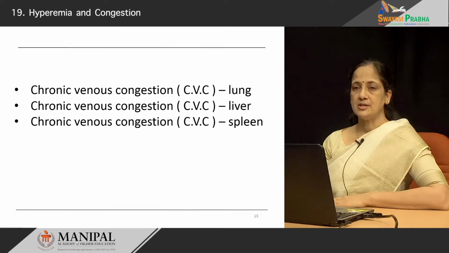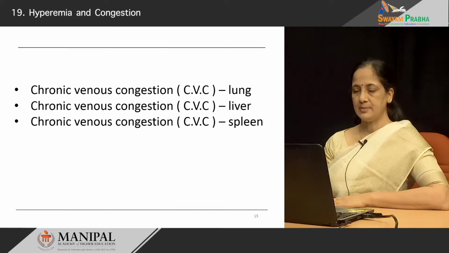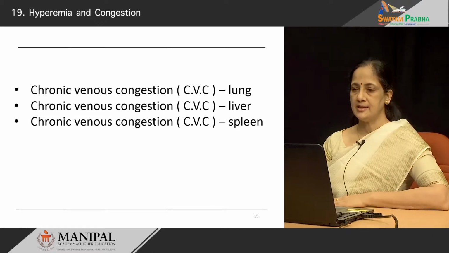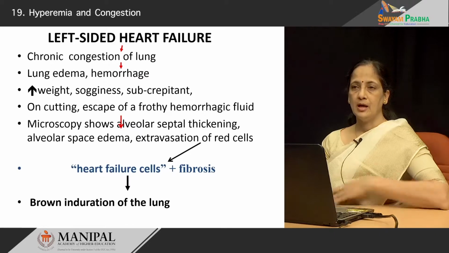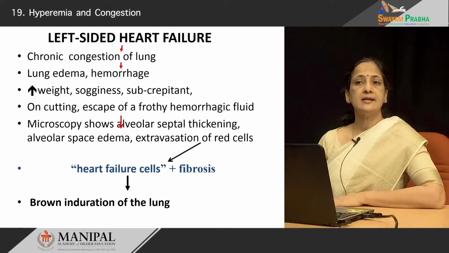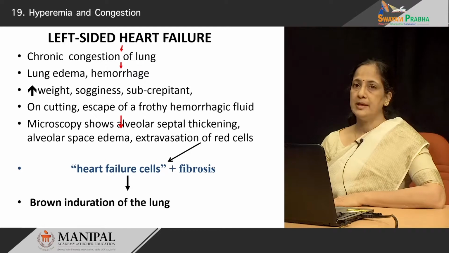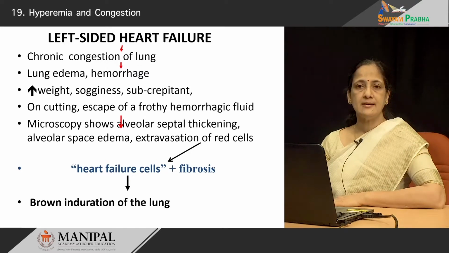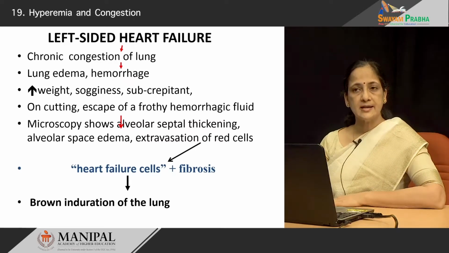Chronic venous congestion is commonly seen in organs like lung, liver and spleen. Let us see some of the salient features of congestion in these organs. We said that if there is left-sided heart failure, there will be congestion of the lungs. So, what do we see in the lungs? We said that there is venous stagnation. As a result of the increased hydrostatic pressure in the interalveolar septae, fluid will escape into the septa and the alveolar spaces.